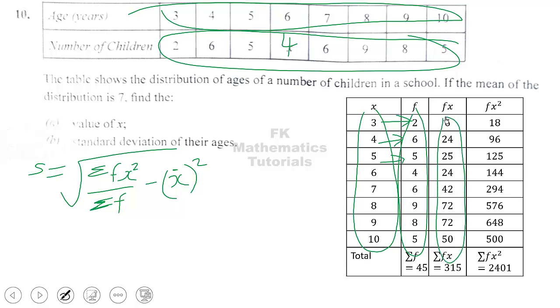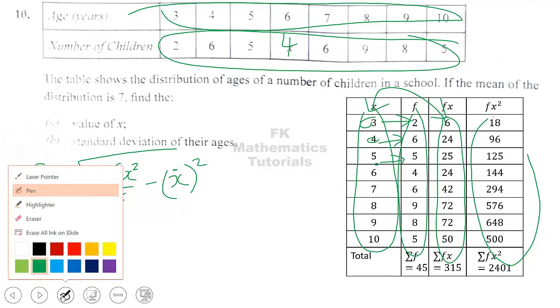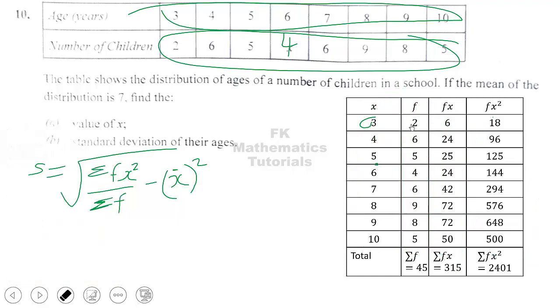Then to get this column here, you can times this column by this column, or you times f by the square of this. So that is how we form this table. After that, you add all the values to get the totals. So from the table, summation f is 45, summation fx squared is 2401.